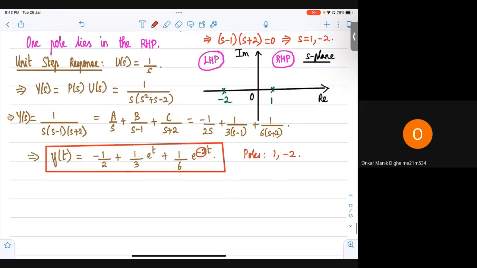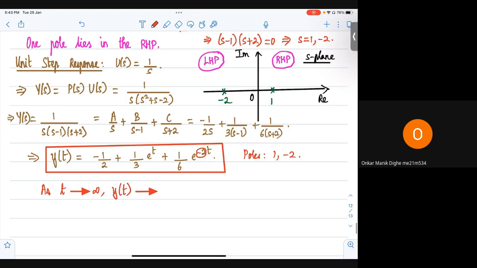However, now what happens as t tends to infinity? What do you think will happen to y of t? What happens to y of t now? It tends to minus 1 by 2. It tends to infinity, right? Why?